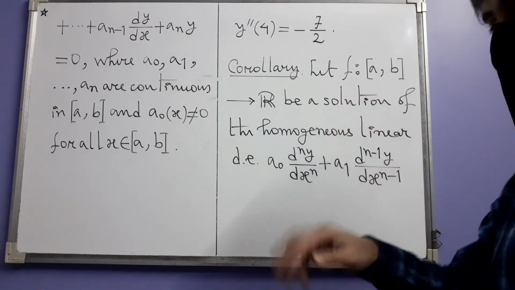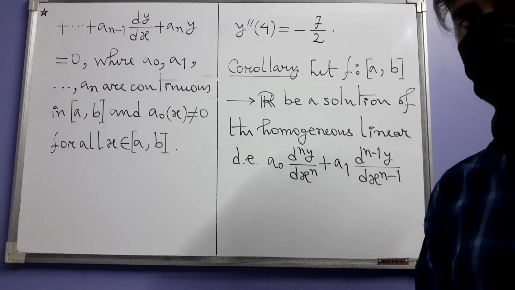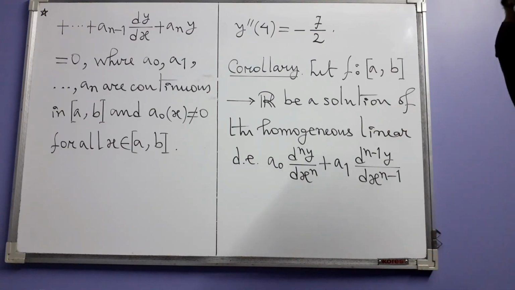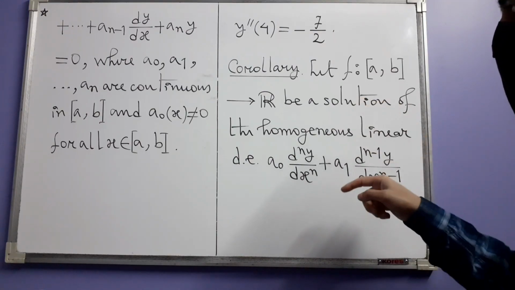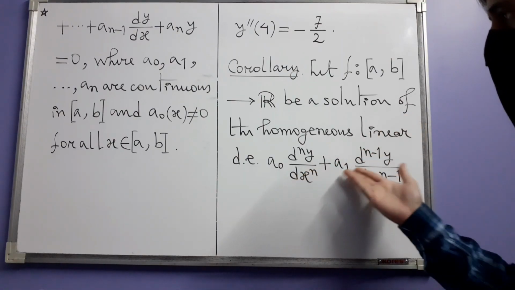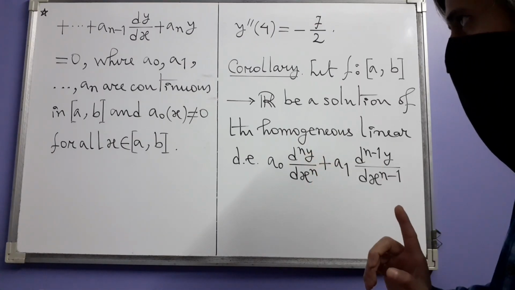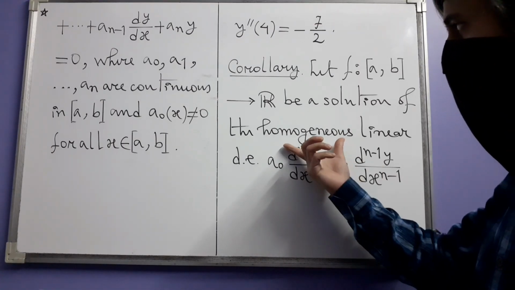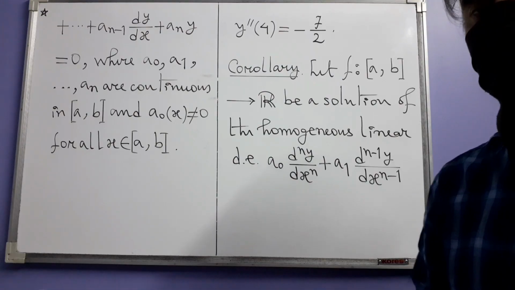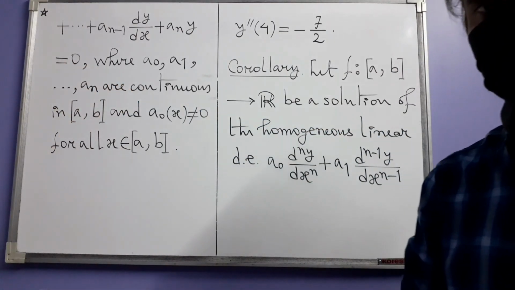This time we start with a function f defined on some closed interval a comma b, a real valued function of course, which is given to be a solution of the following homogeneous linear equation. That means again our linear equation of order n. But homogeneous means that the right hand side function is 0.